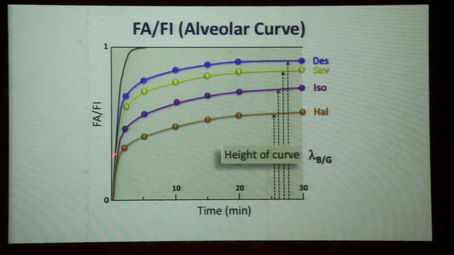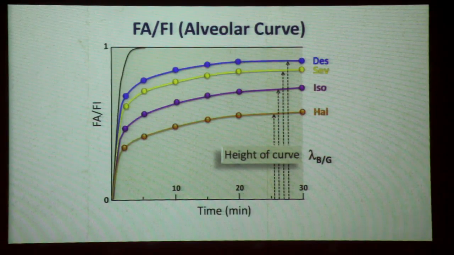The more soluble the agent is, the more it will never reach the value of 1 which is being set, because all of it gets wasted in the blood, it gets dissolved. Whatever gets dissolved in blood is wasted vapor because it doesn't produce any tension or partial pressure.